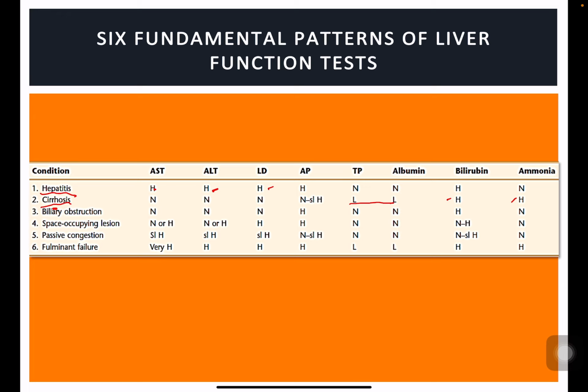In biliary obstruction, the canalicular enzymes are the ones elevated, namely your alkaline phosphatase together with gamma glutamyl transferase and your 5-nucleotidase. And also, bilirubin could also be elevated due to obstruction.